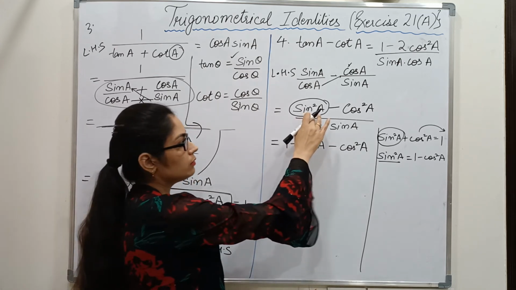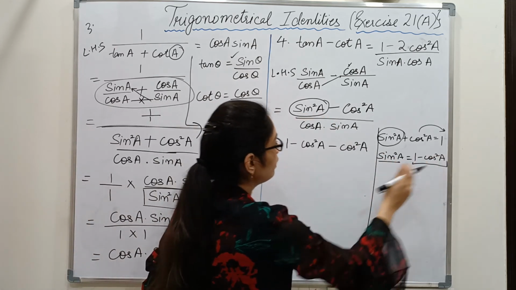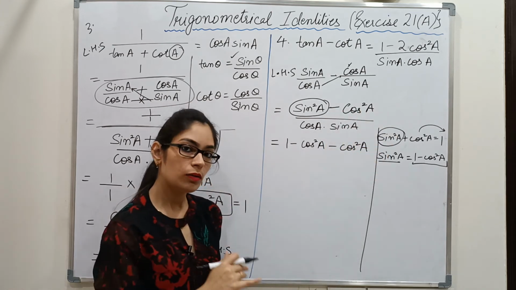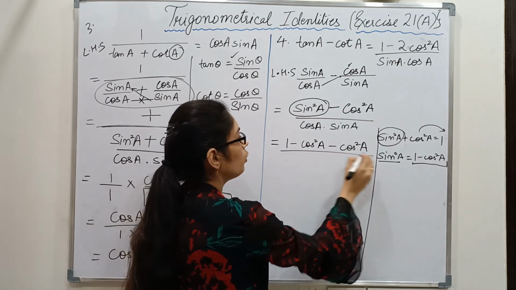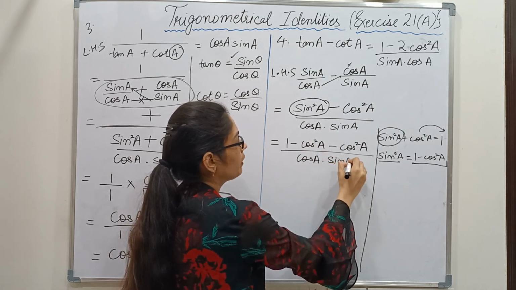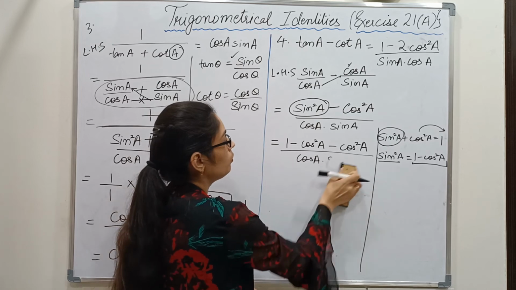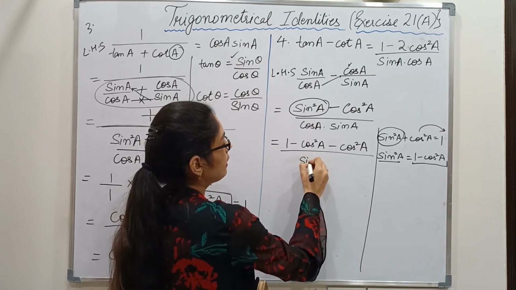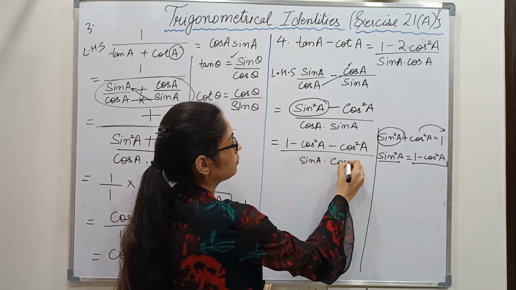In place of this, its full value we have written, then minus cos square A was already there, so that cos square A we are writing. In the denominator, cos A into sin A as it is, or you can write it as sin A into cos A.